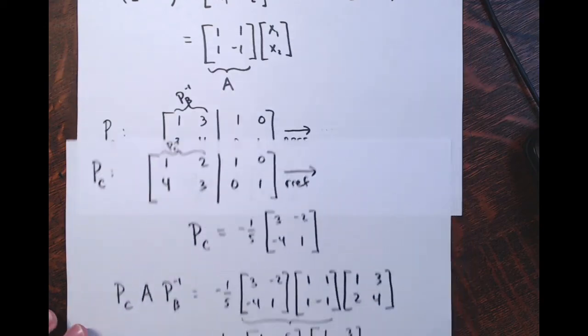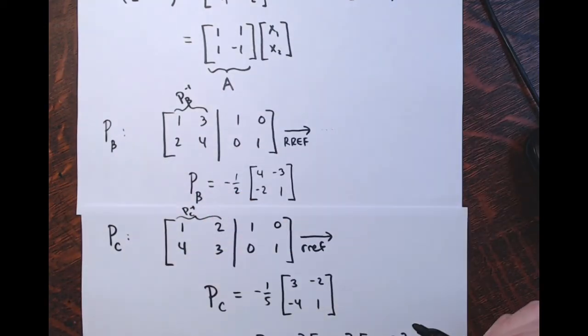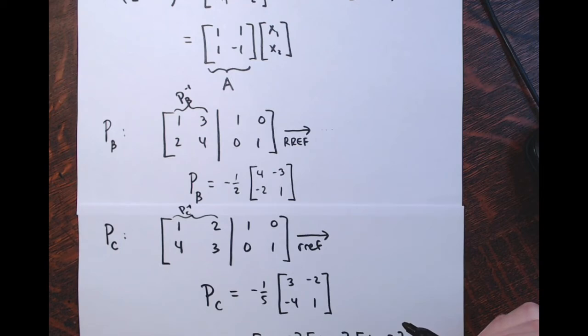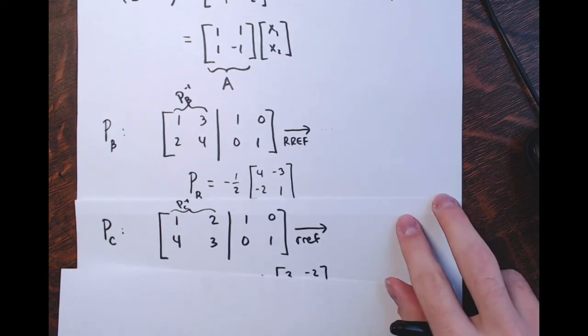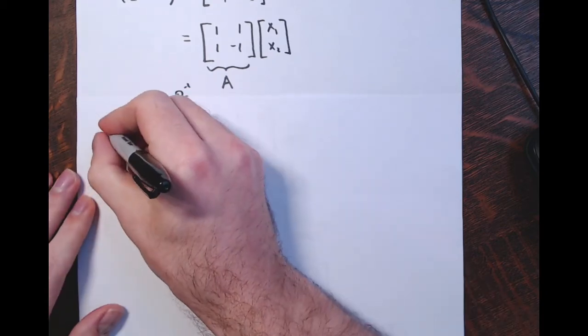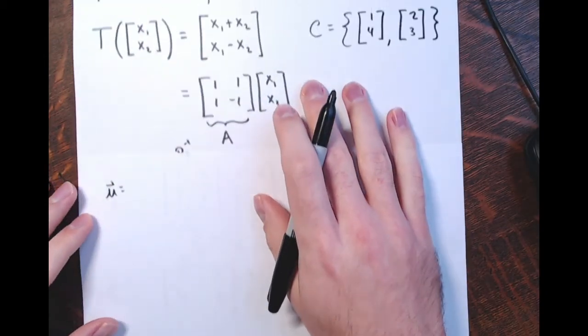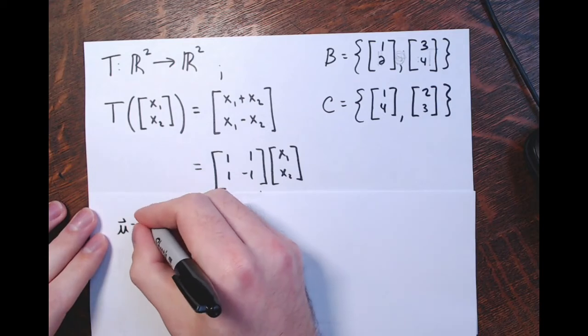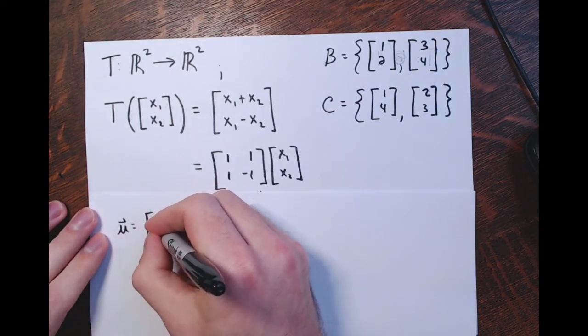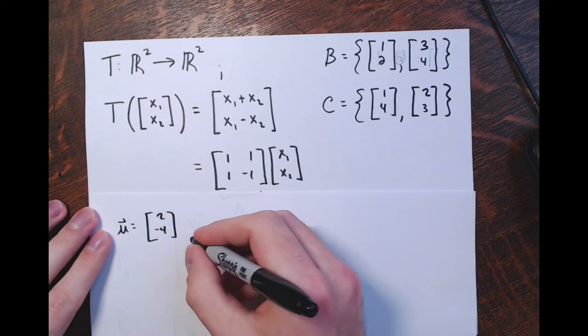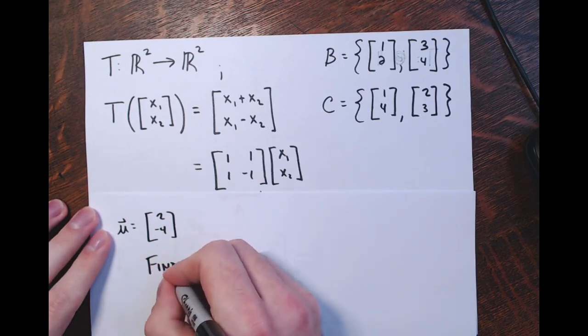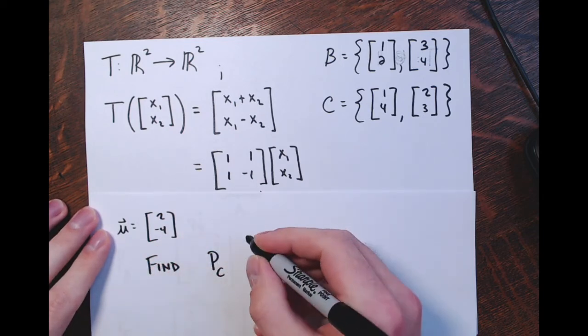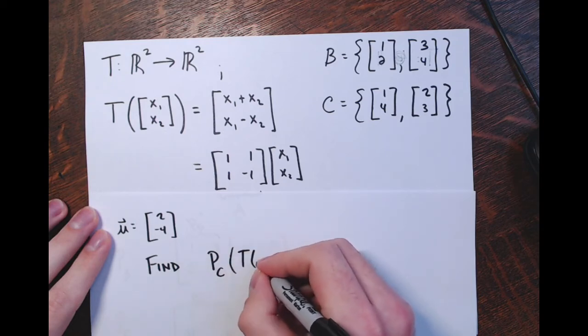So going back here, we have PB, we have PC, we have our matrix representation. So the first thing they want is, if u is the vector 2, negative 4, let's find PC times T of u.